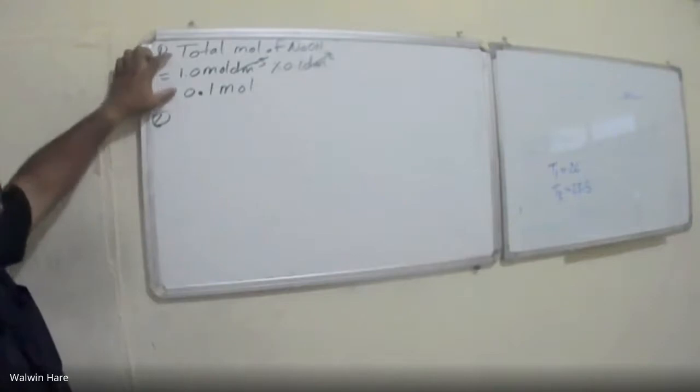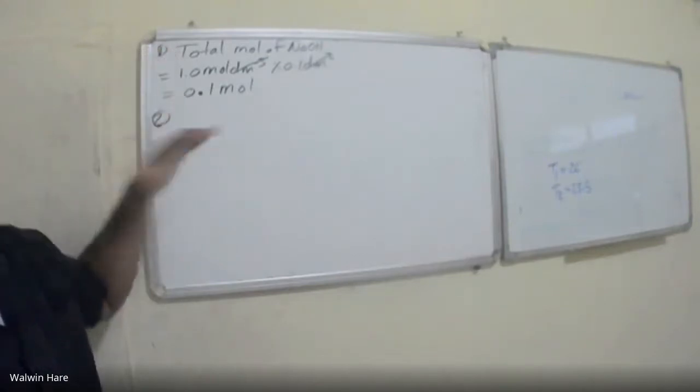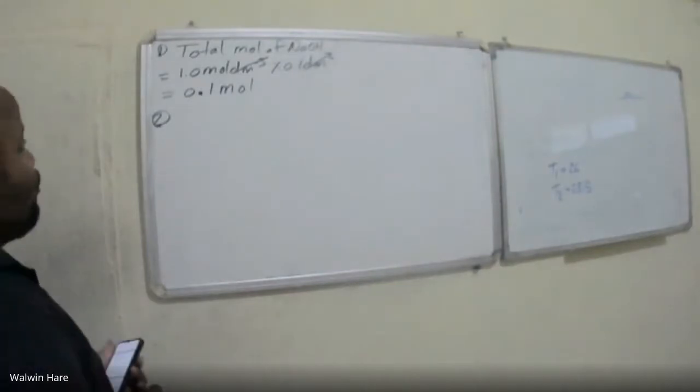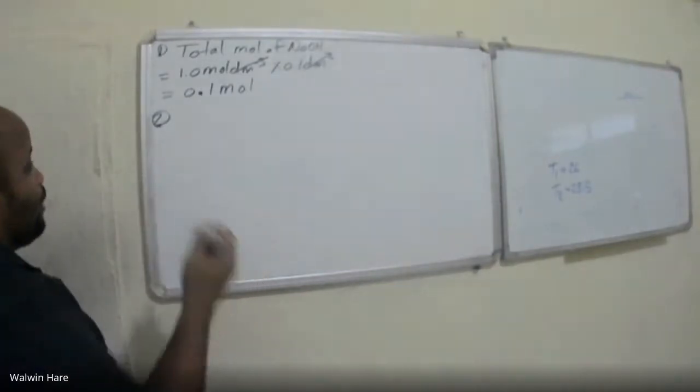All right, so we have the total mole of the sodium hydroxide. So step 2, we are going to write the balanced chemical equation.